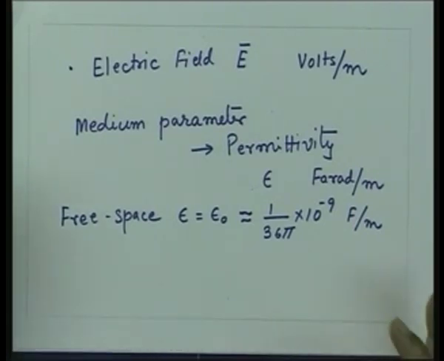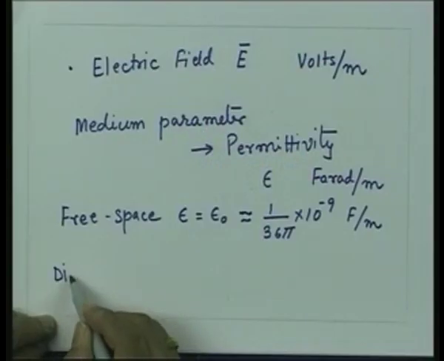Then if we take another medium whose permittivity is some epsilon, the ratio of the epsilon to the epsilon 0 is what is called the dielectric constant or the relative permittivity of the medium.